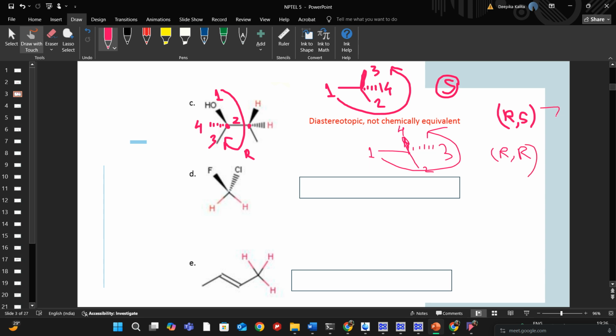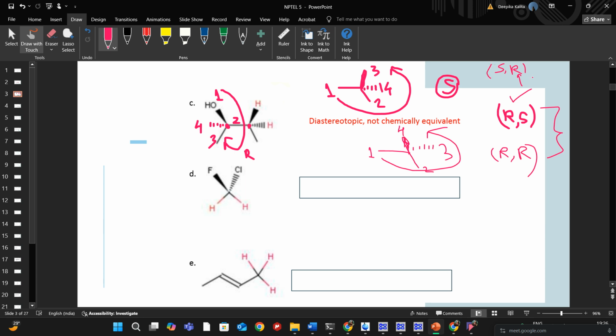So now if we compare these two pairs of absolute configurations, RS and RR are diastereomers. Okay, and if you are asked what will be the enantiomeric pair of RS, it will be SR. You'll have to reverse all the absolute configurations of the pair.